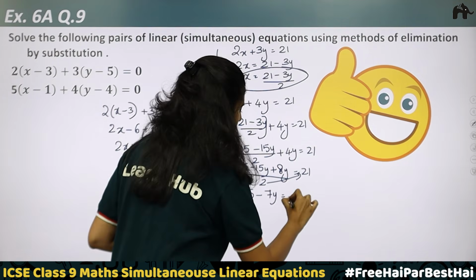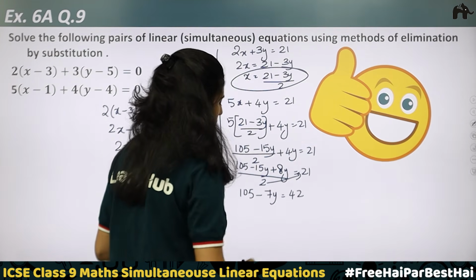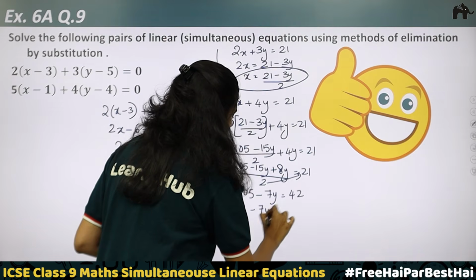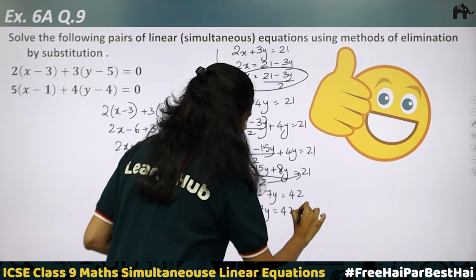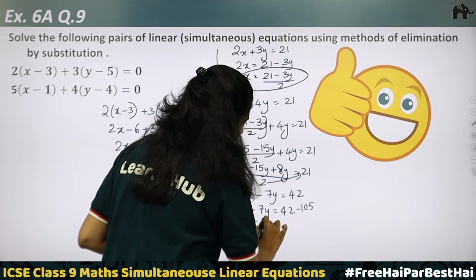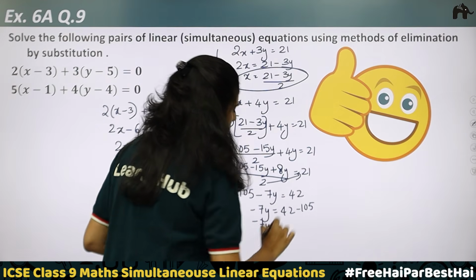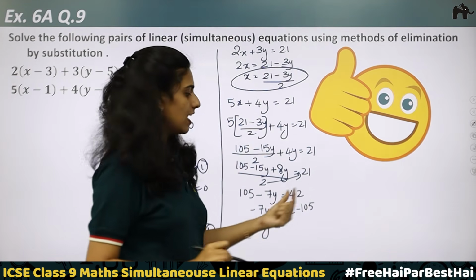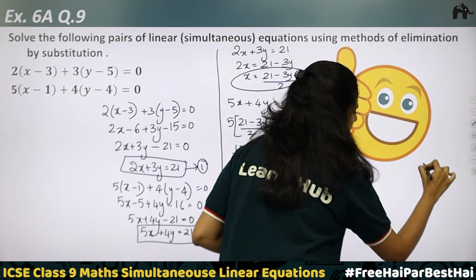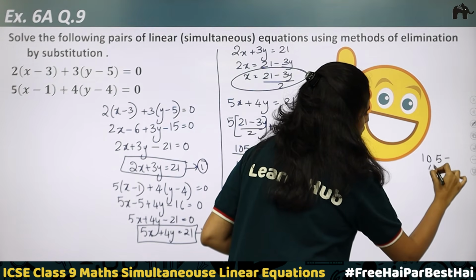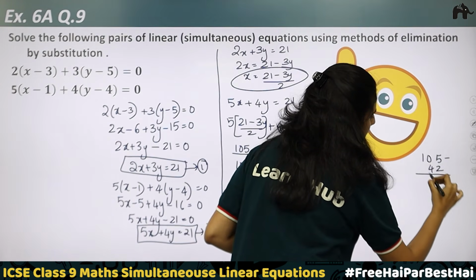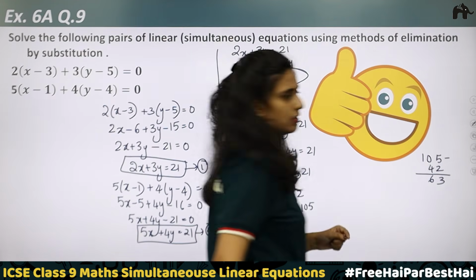So 21 into 2, 42. So minus 7y is equal to 42 minus 105. What is 42 minus 105? Just do the simple subtraction, that is 105 minus 42. We will be getting 63.